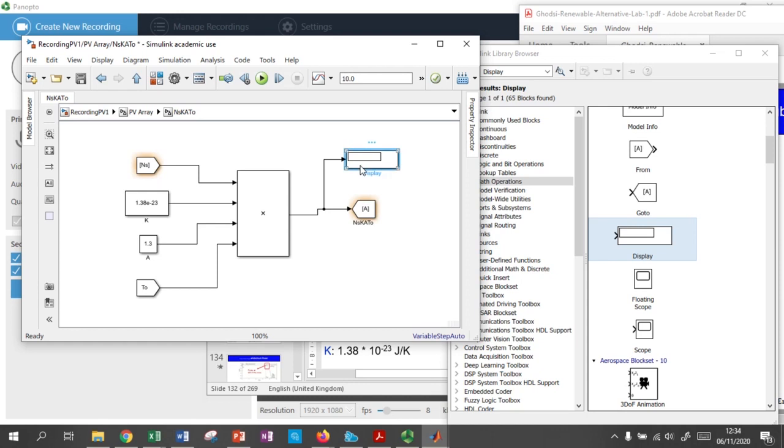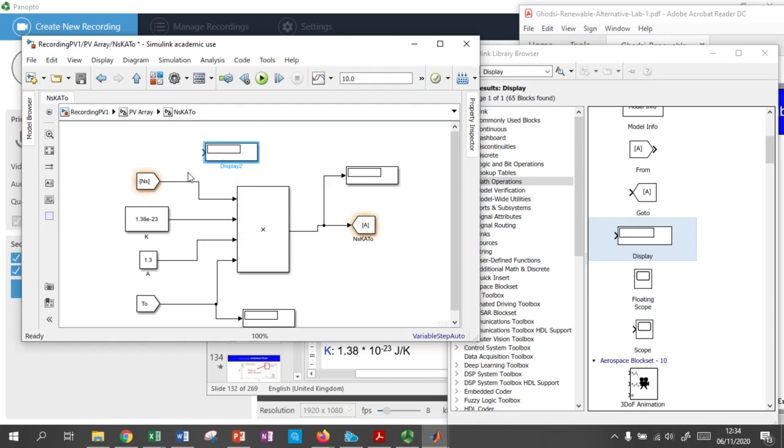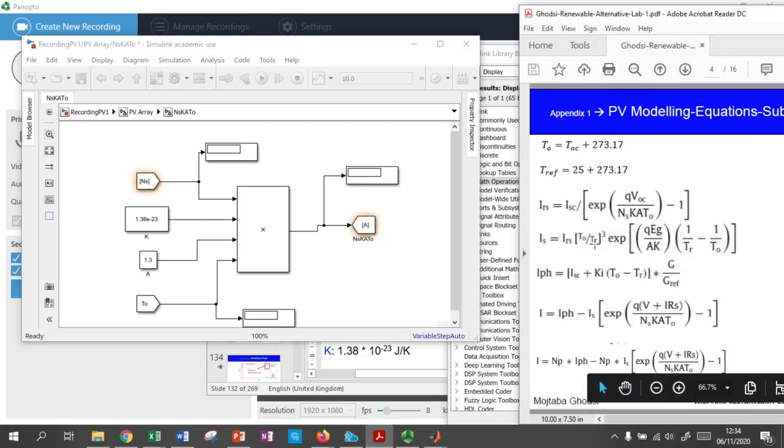Control C, Control V. Then all available NS can be monitored, can be displayed here. Then this NSK, and I will check whether I am correct or not.